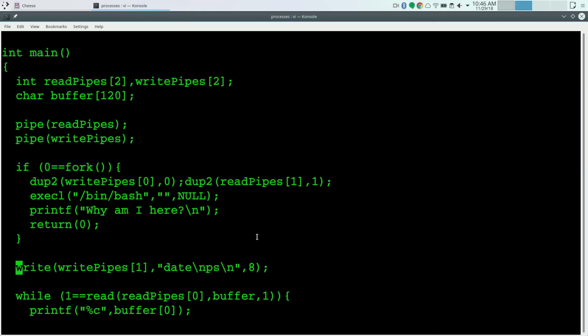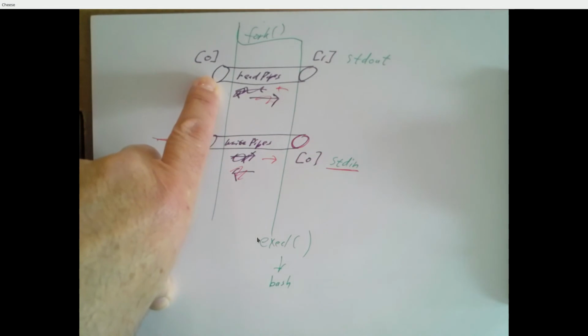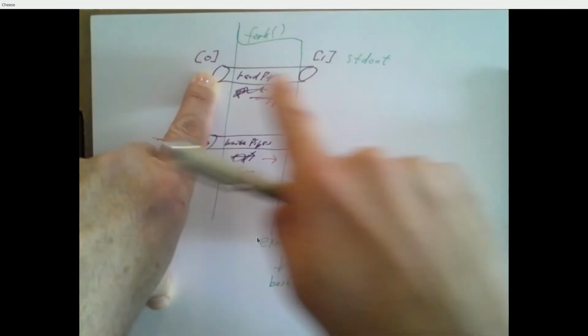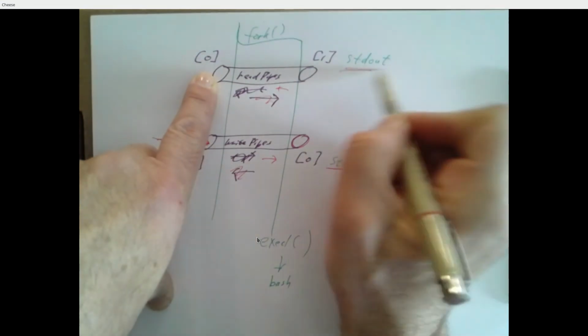So we're going to write date, new line, PS, new line, 8 characters into the pipe, and then the parent's going to read from read pipes bracket 0, which is this end up here, which is getting whatever is fed into this end of the pipe, which bash is associated with standard out.